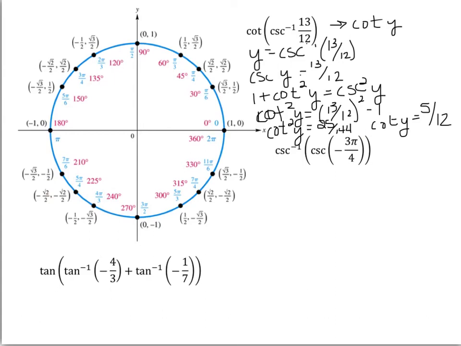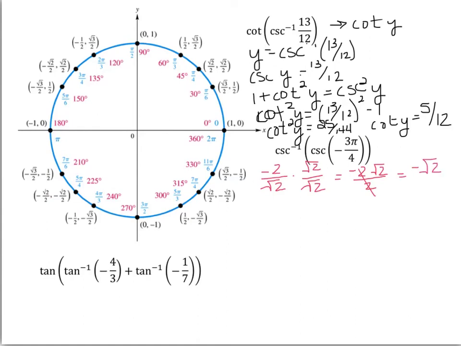So the cosecant here is negative 2 over the square root of 2. When we rationalize that, we multiply by square root of 2 over square root of 2. We get negative 2 root 2 over 2, which is really just negative square root of 2.